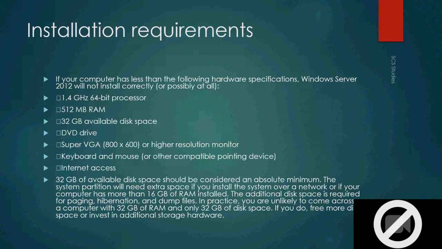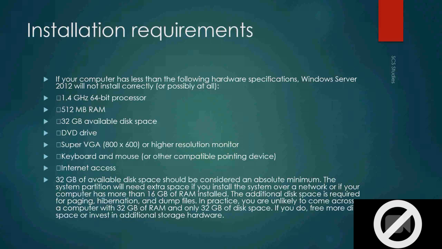Okay, the next part is 512 MB of RAM minimum. It requires a minimum of 512 MB of RAM. Next, 32 GB of available space is required minimum. That is, a minimum of 32 GB of available space on your hard disk. Then a DVD drive to install the operating system.